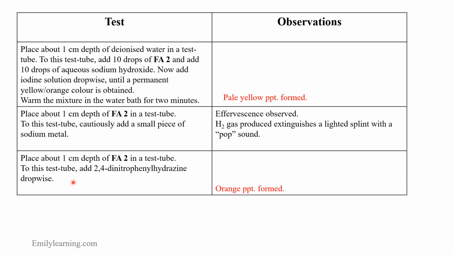So we know that we have a carbonyl group present, so either aldehyde or ketone is present. But in the previous test, one slide before here, recall that we did a silver mirror test and there was no silver mirror being formed. So that means that there is no aldehyde group. So now I know that there's no aldehyde group, and I have an orange PPT formed.